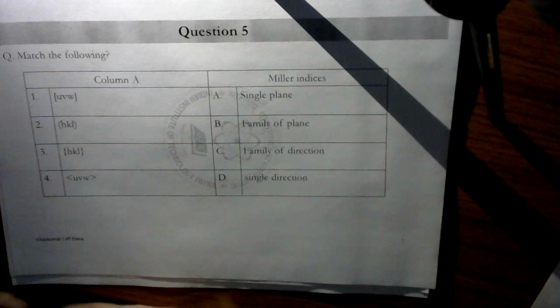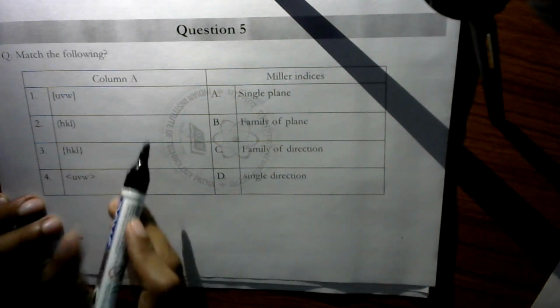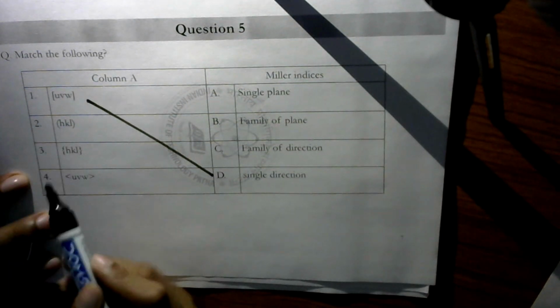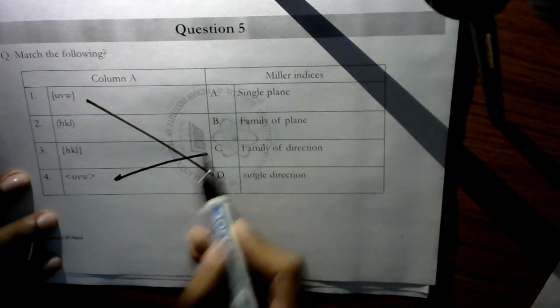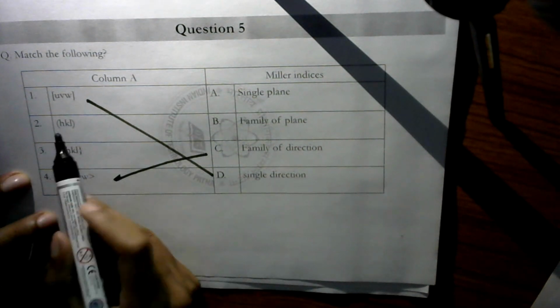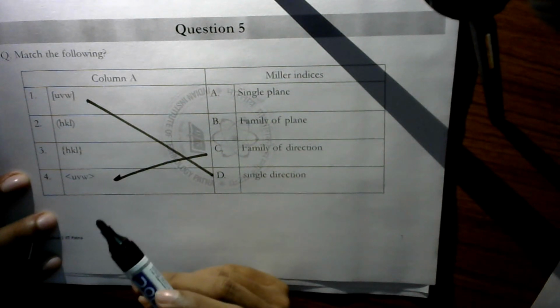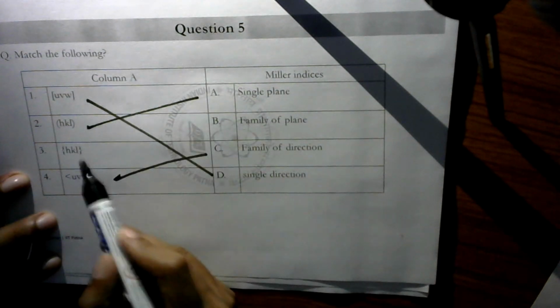So here it's very easy. We know the square bracket we use for a single direction. The angular bracket we use for the family of directions. Then the round bracket we use for a single plane, and the curly bracket we use for the family of planes.